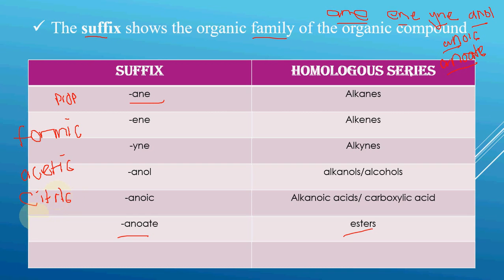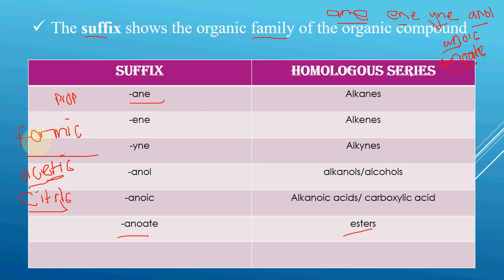But is it possible that these names, citric acid, acetic acid, formic acid, give us any information that we can use to write the formula? The answer is no. You can't write the formula from formic acid because the name does not give us any information.